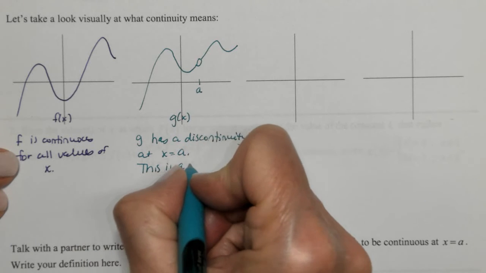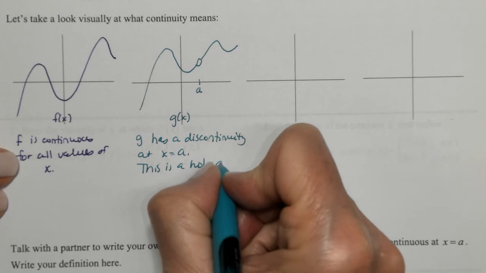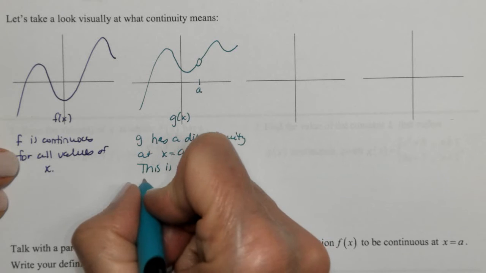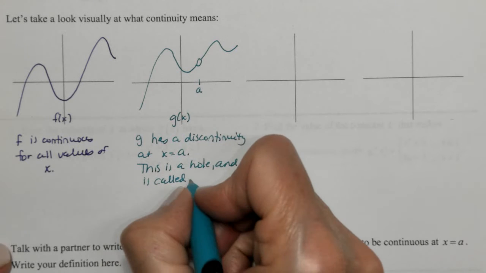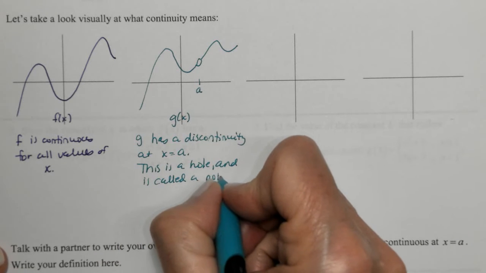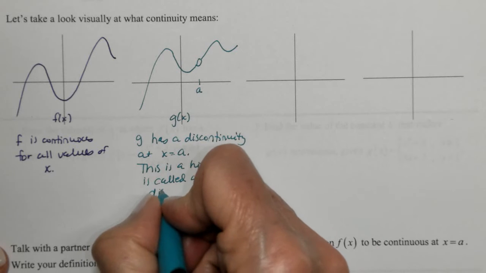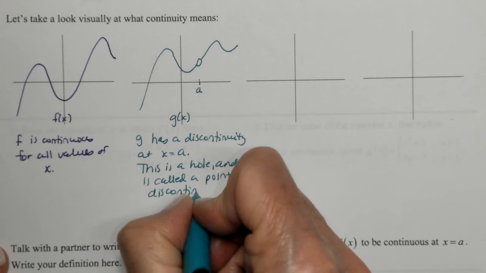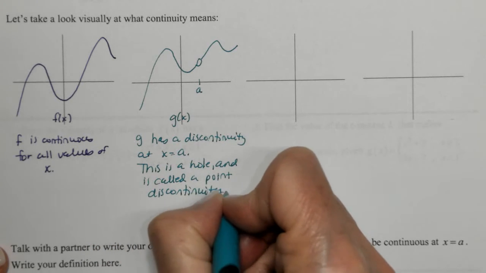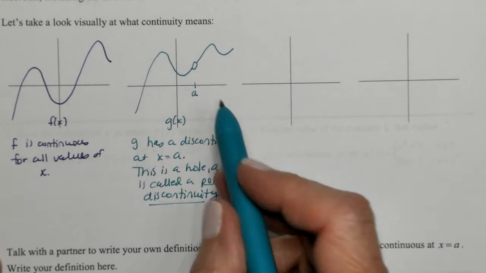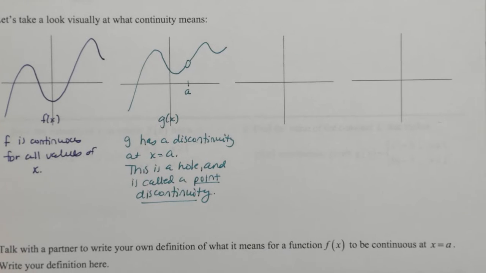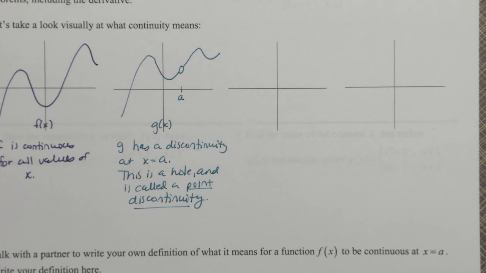This is a hole, and we call this a point discontinuity. It makes kind of sense that it would be called that. It might be better if it was called a hole discontinuity, but that's all right.